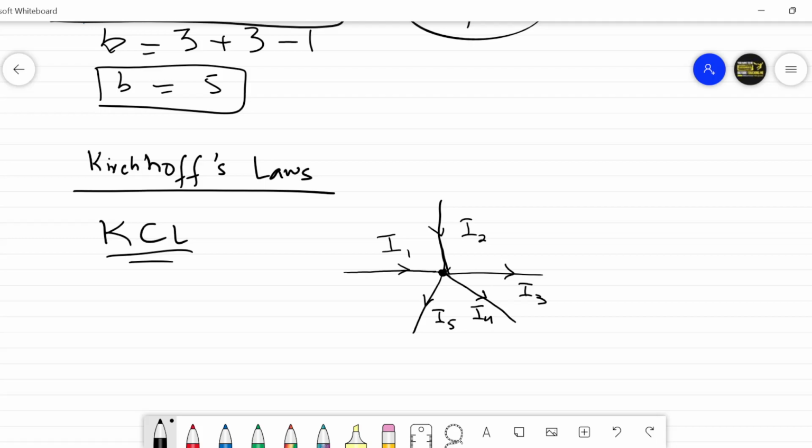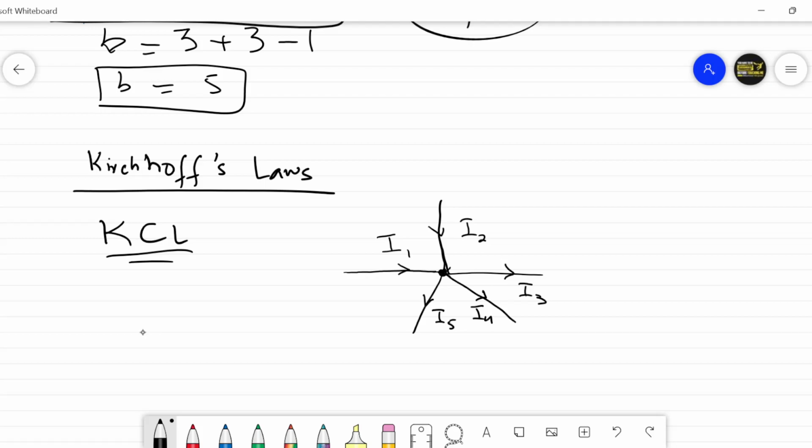At this particular node, the algebraic sum of all the currents will be equal to 0. In other words, the amount of current entering a particular node is equal to the amount of current leaving this node.